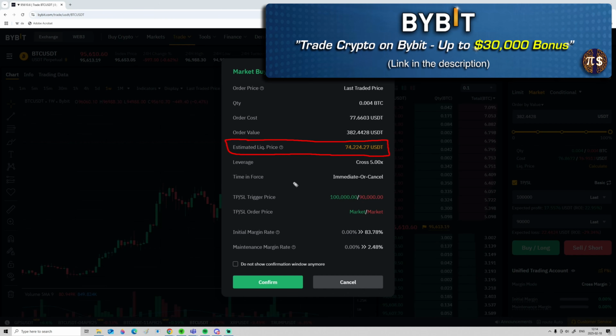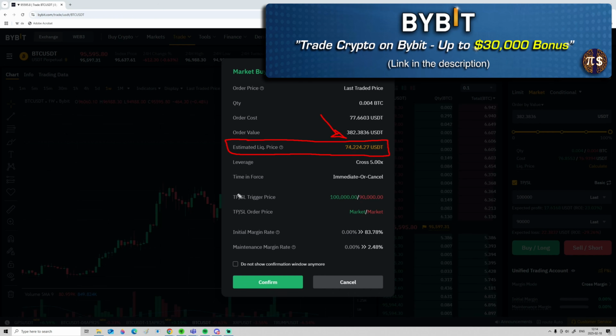And this value shows the price at which your position will be automatically liquidated, or in other words, automatically sold. So even if we didn't use a stop loss for this position, we would automatically be forced to sell if the price went down to 74,200. So when you are trading using futures, always make sure to double check this liquidation price.